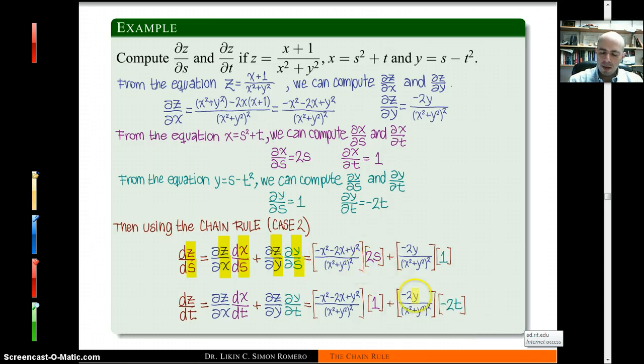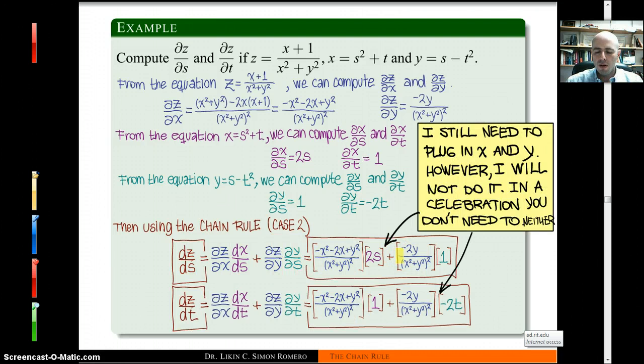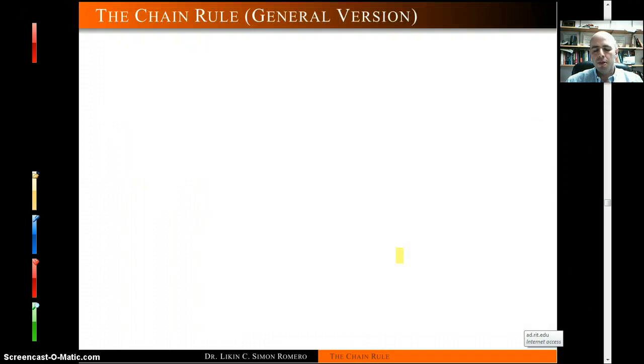Now, notice that plugging in x and y is going to give us convoluted algebraic expressions that I don't think I'm interested in simplifying. So I am not going to plug in x and y. However, in a celebration of learning you don't need to do that either. So let me move on to the general version.